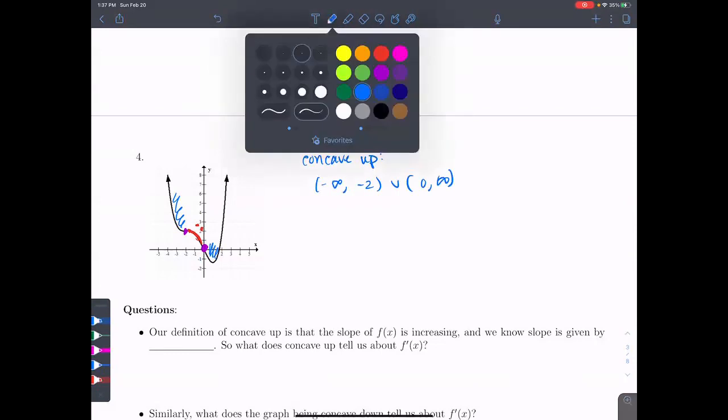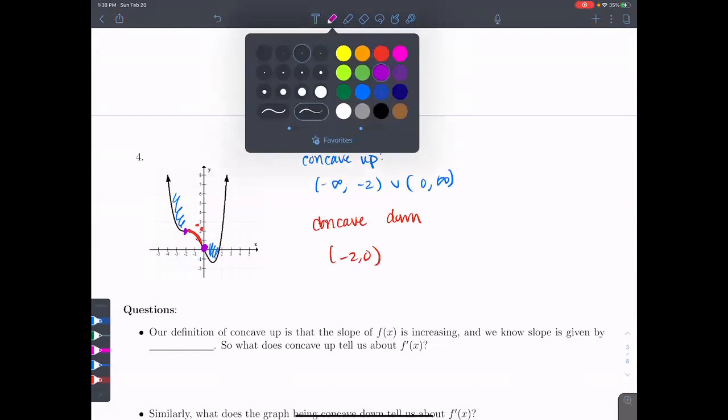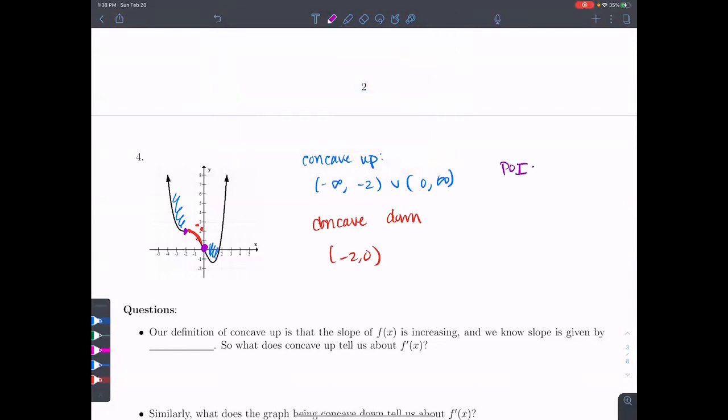And we have concave down from -2 to 0. Then our points of inflection are at -2, 2, and 0, 0.